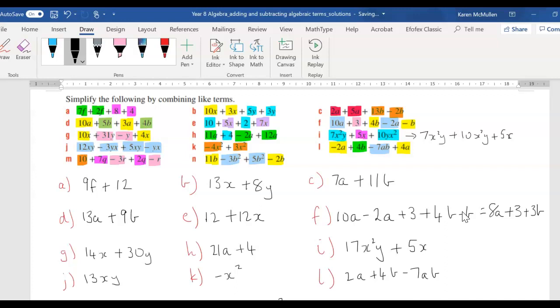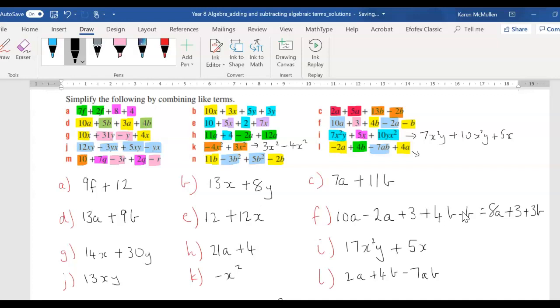Question K, we've still got like terms. Now, if it's easier, there's nothing wrong with just changing the order. If you want to write the positive number first, so 3x squared minus 4x squared, right? If that's easier for you to see, then there's nothing wrong with doing that. And you could do that for L as well.